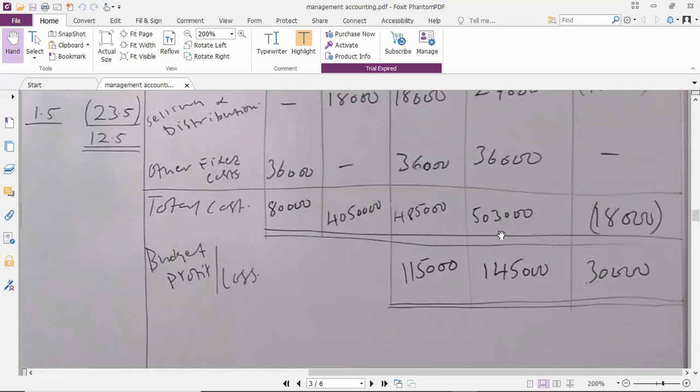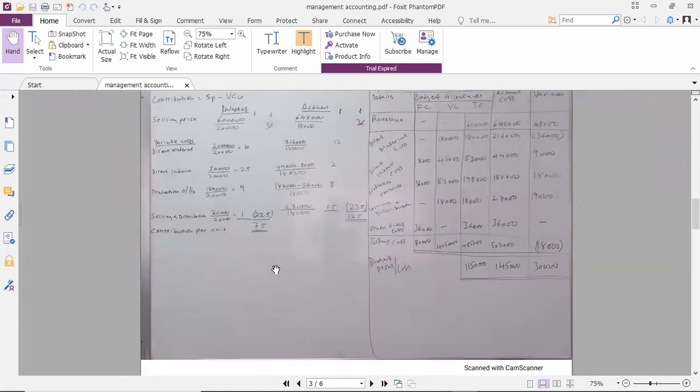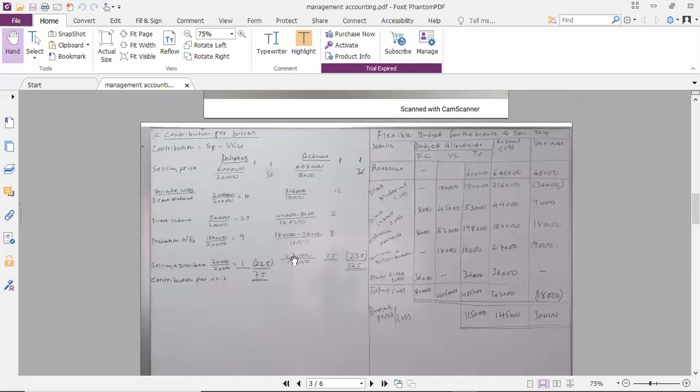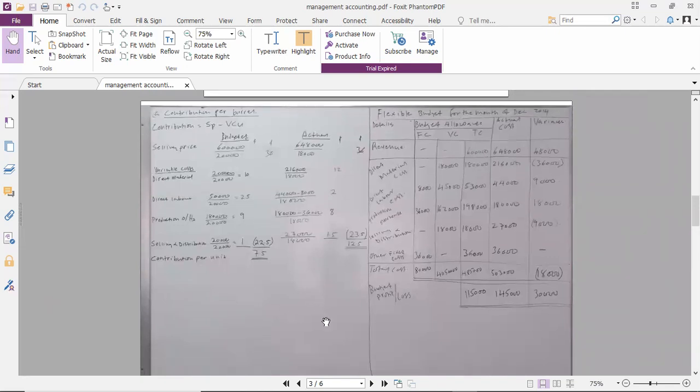So once you are able to do this, then it means that you have successfully flexed the budget, or you have successfully prepared a flexible budget for comparison for the month of December 2014 for an output level of 18,000 units.